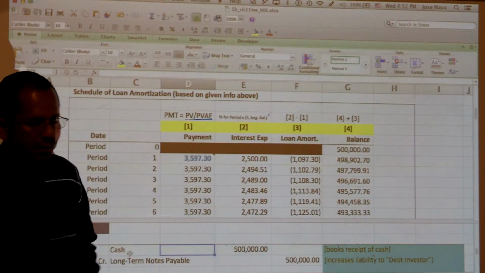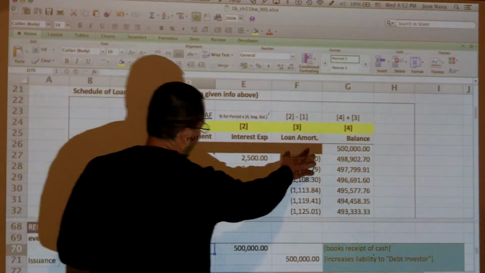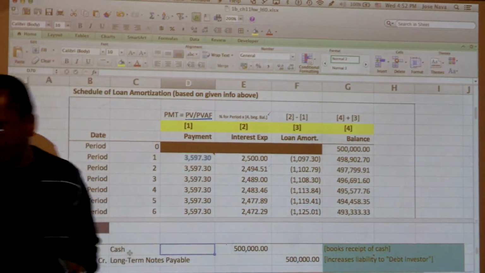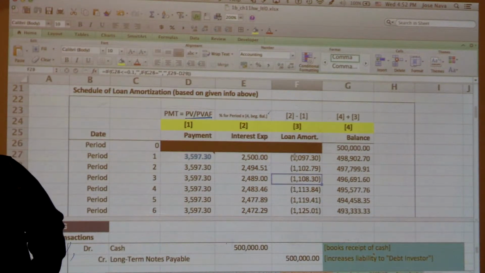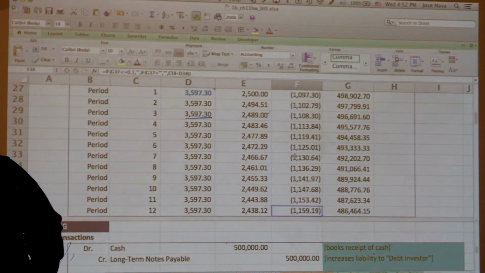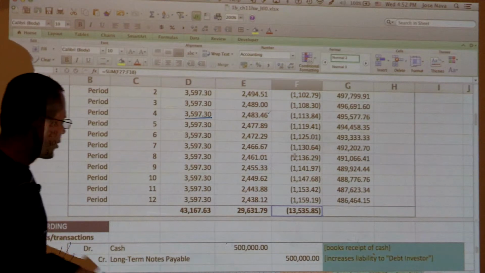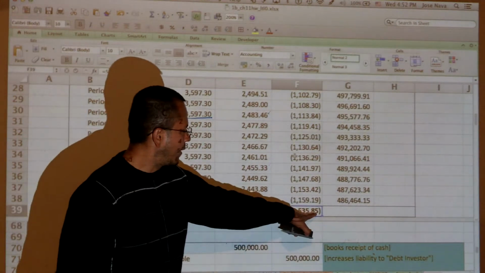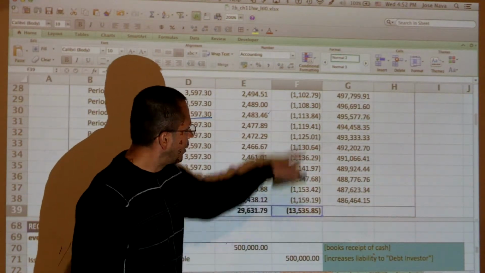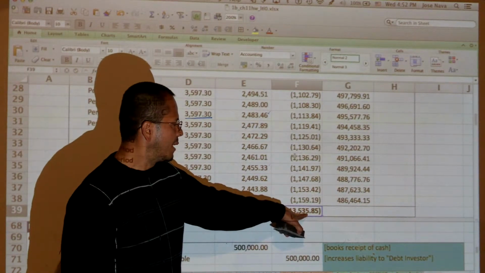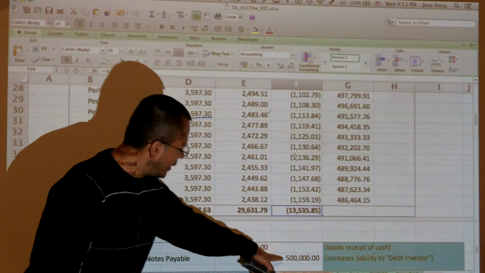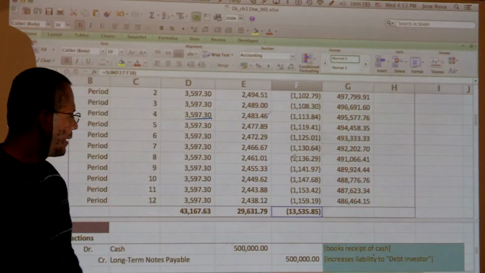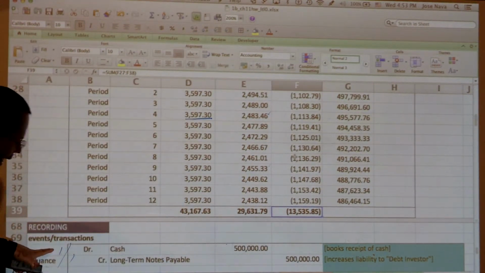How much of that is reclassified? Well, it comes from this column here. If I go down and add up all of the pay downs for all periods from January through December, the total would be $13,535.85. That's the whole overall pay down of the loan in the first 12 months of that first year. So that's the amount from this long-term payable that is reclassified at the same date as the issuance.